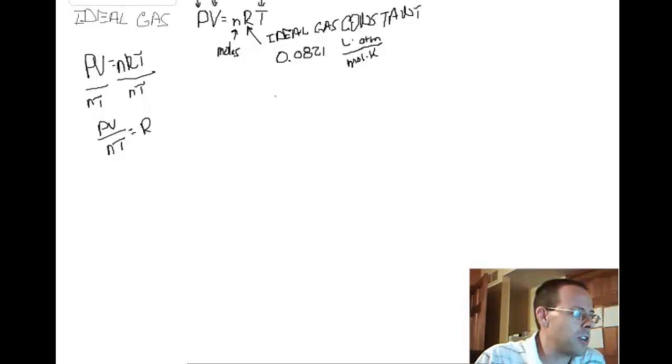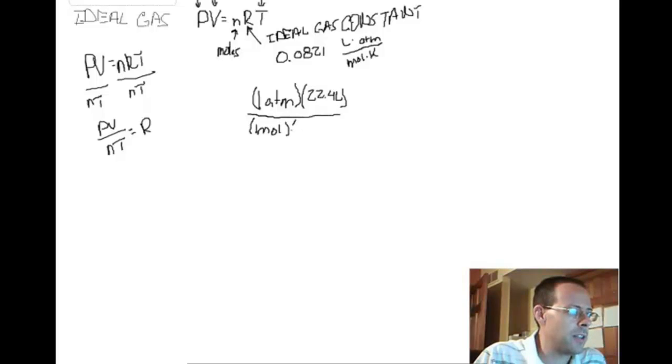So standard pressure is 1 atm. The standard volume, if we have 1 mole of a gas, is 22.4 liters. And then standard moles, there's going to be 1 mole. And again, if you think back to standard temperature and pressure, standard temperature is 273 Kelvin.